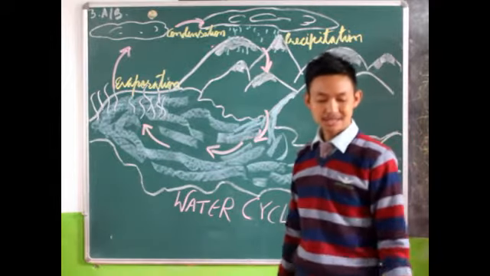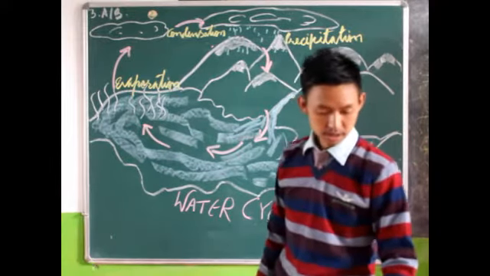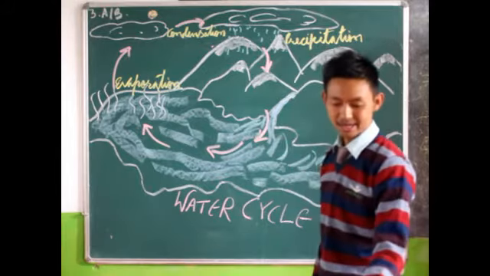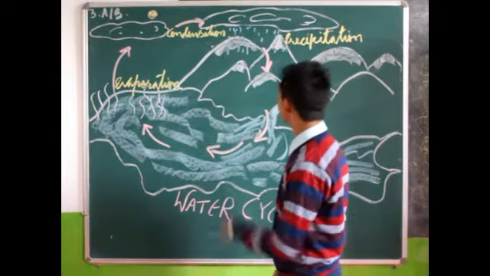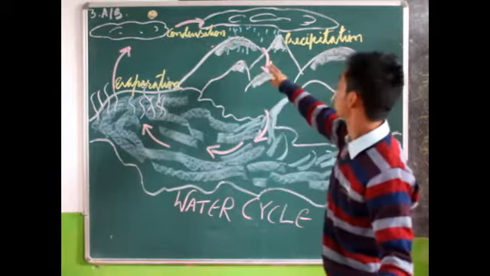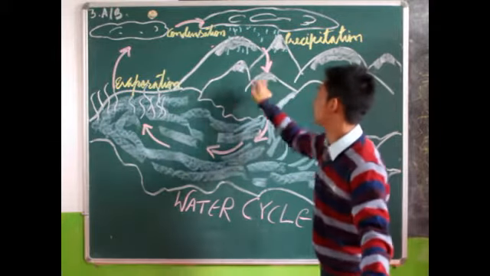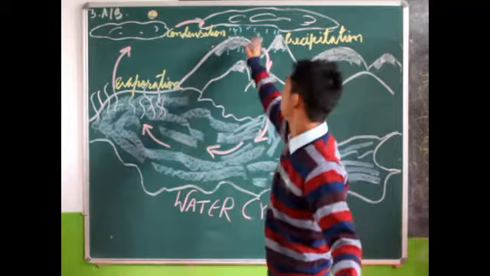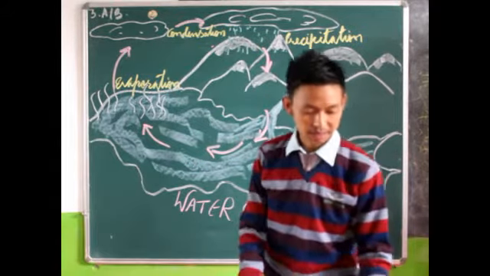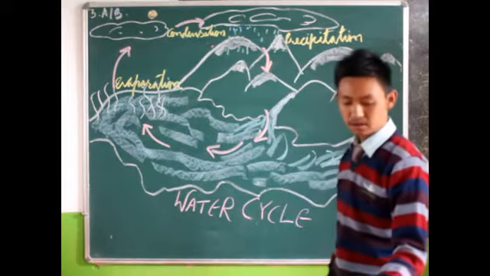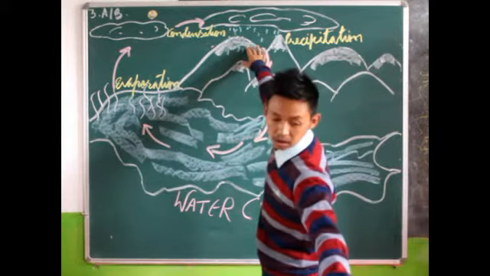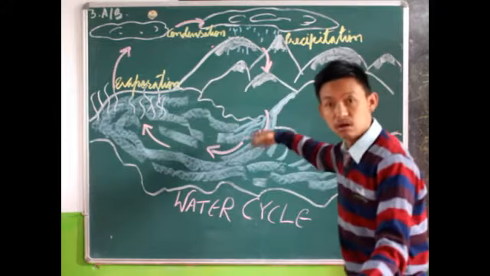Now in the colder places, the water drops come down in the form of snow, sleet or hail, hailstones, snow. That is why I have drawn the top of the mountain white. This is snow, and this blue one is rain. This is called precipitation.